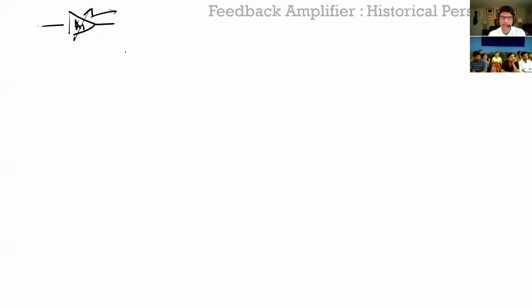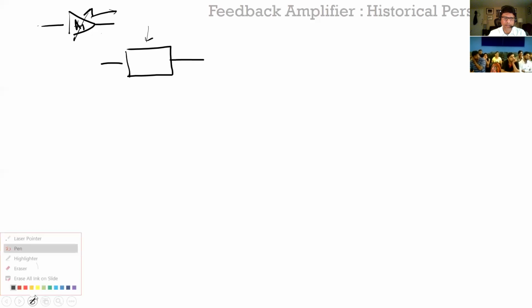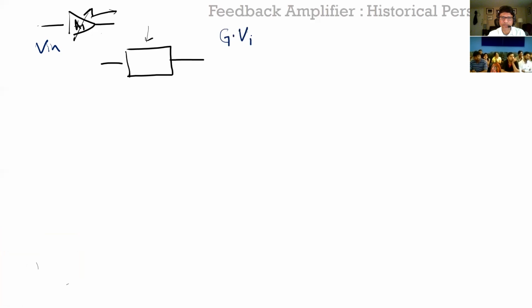So the principle is, obviously you've seen it, but if you look at the genesis of it, they were trying to have a block here, right? And this block, they had some V in they were trying to provide, and let's say you wanted a gain G, they wanted G times V in as your V out, right?